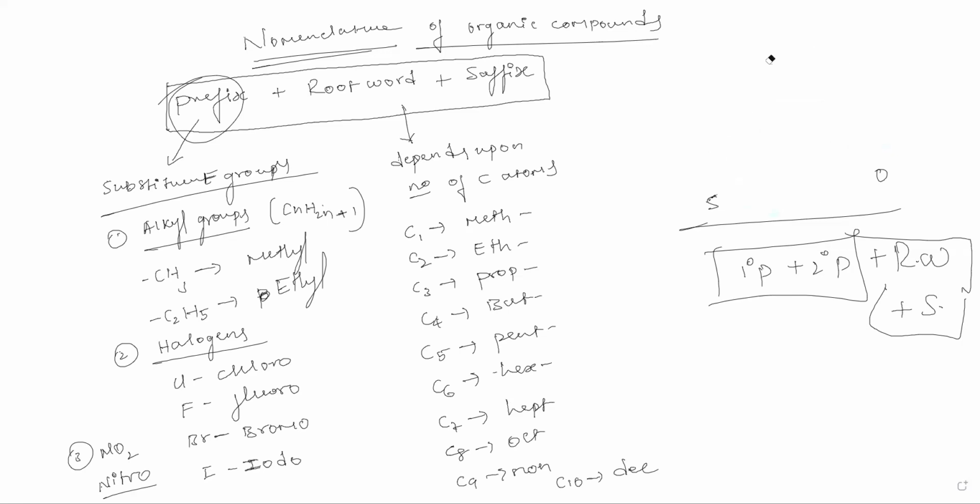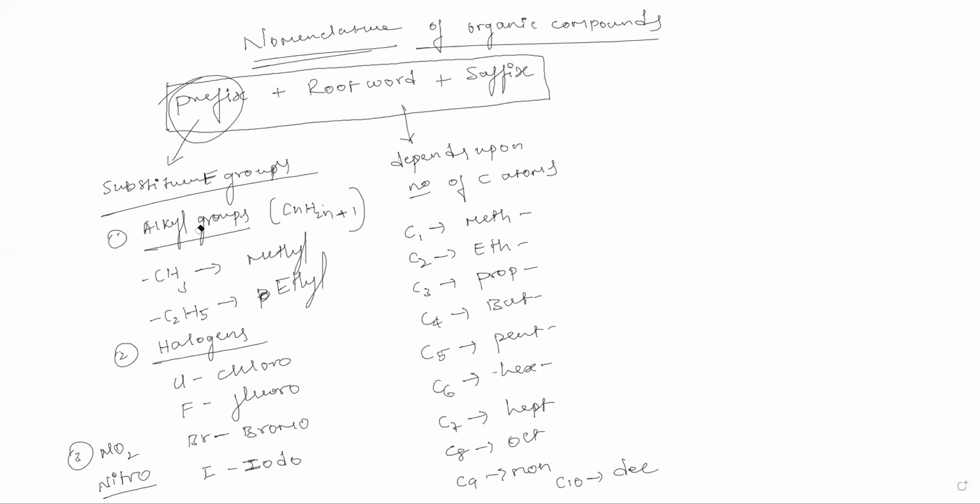The next one is suffix. There are two types: primary suffix and secondary suffix. Primary suffix depends upon bonds. If the compound contains a carbon-carbon single bond, the suffix is ane.